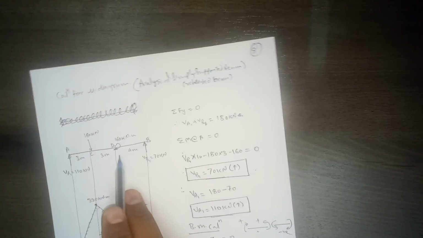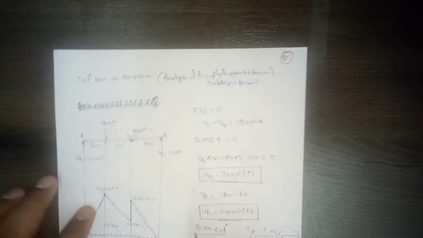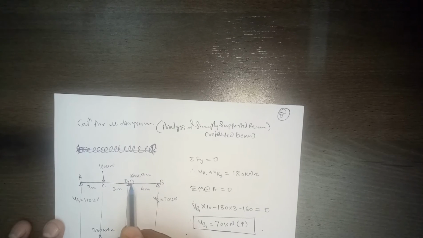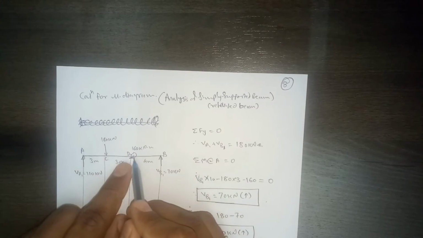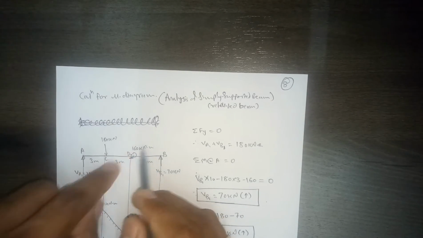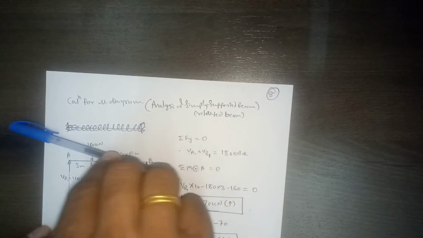Now if you see, when you calculate moment on the right-hand side, we consider the sagging moment positive. Because of this moment, the left end is going up if you rotate this beam.